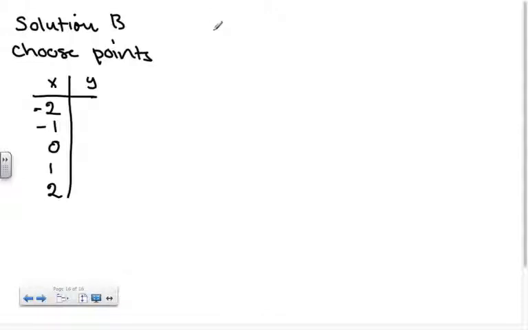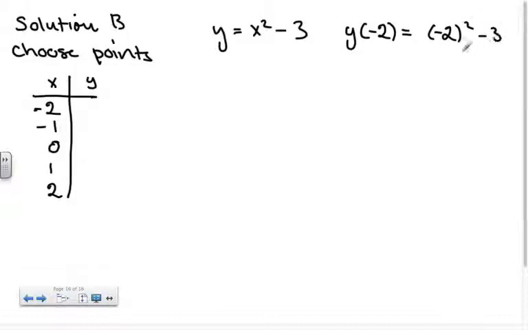And so recall the equation is y is x squared minus 3. So we just plug our numbers into the equation. So this becomes y of negative 2, which is of course negative 2 squared minus 3, which is 1.